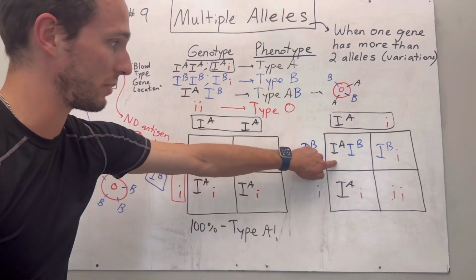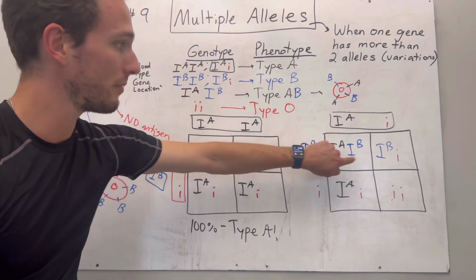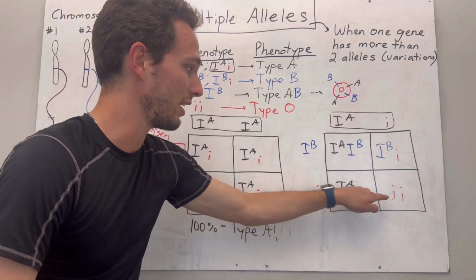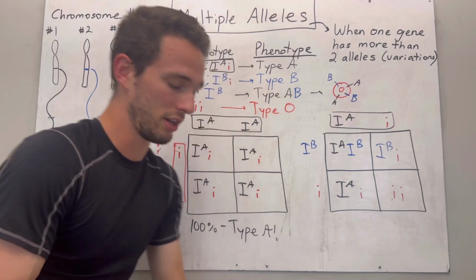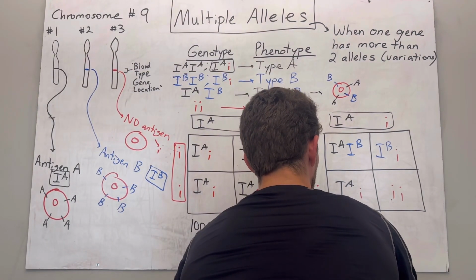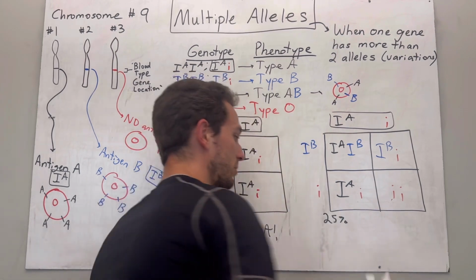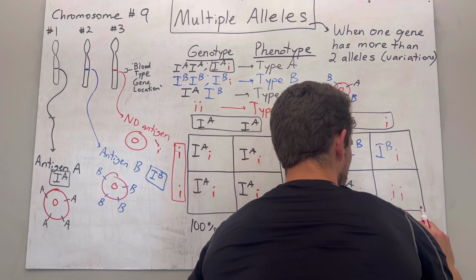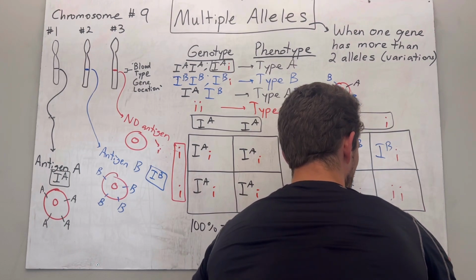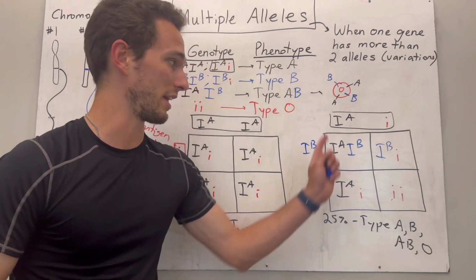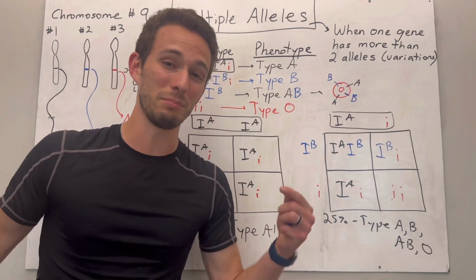So this first one would be AB blood, second one, B blood, third one, A blood, and fourth one, O blood. So the way we could write this is that 25% all around could possibly be type A, type B, type AB, or type O blood. So there'd be a 25% chance for that offspring to basically be any blood type.